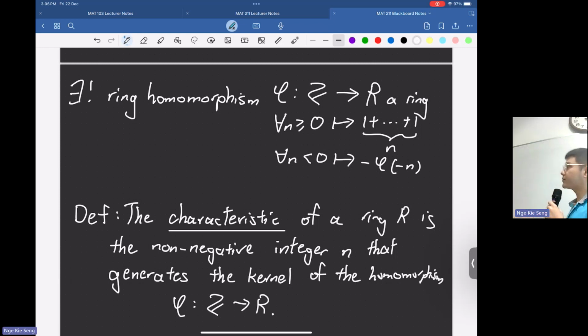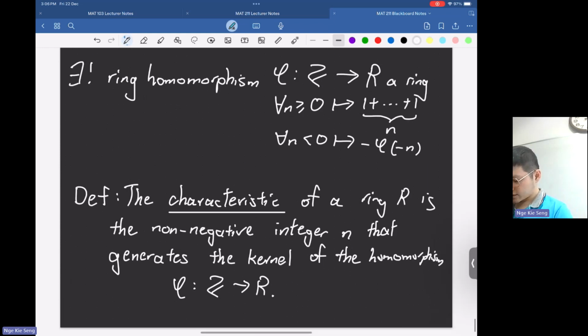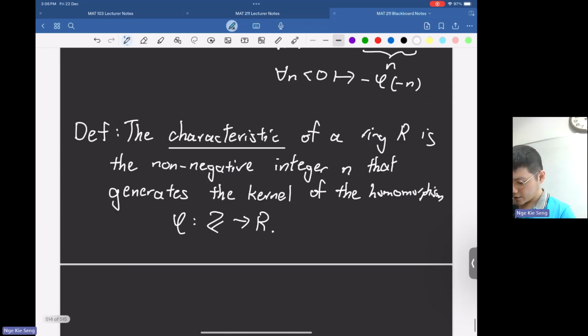So this means what? For example, let's say n equals 2.